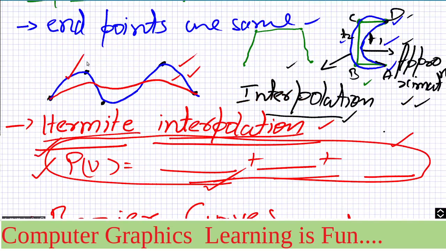One thing you have to understand is that, given the points, in case of interpolation the curve has to go through all the points. In case of approximation it need not go through the points, it will be approximated. However, the endpoints will remain the same. The curve that is displayed needs to pass through the endpoints. So the only two things are interpolation and approximation.